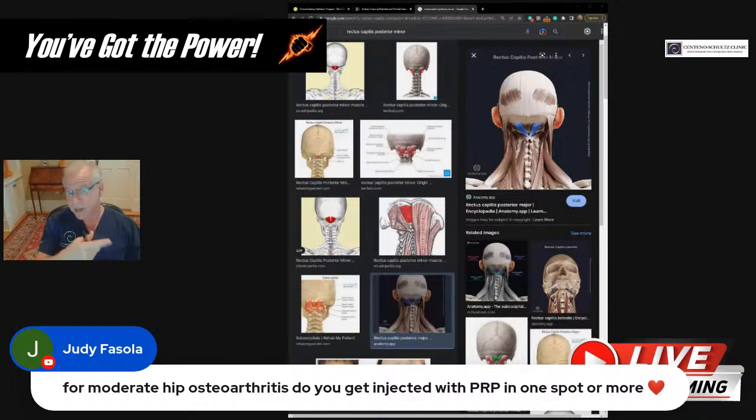We'd want to do leukocyte poor PRP, and we'd want it at least to be 10 to 15 times concentrated over baseline. Problem is, there's not that many machines on the market that can get there. You generally need a lab to get to, for example, 15 times over baseline. So much more complex calculus than just PRP and moderate hip arthritis.